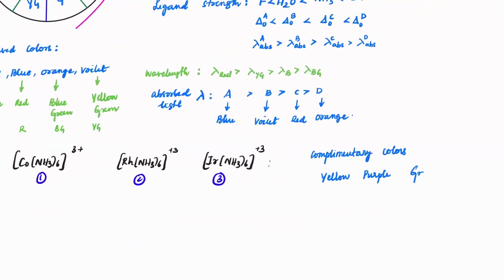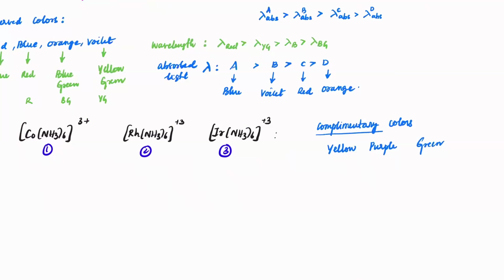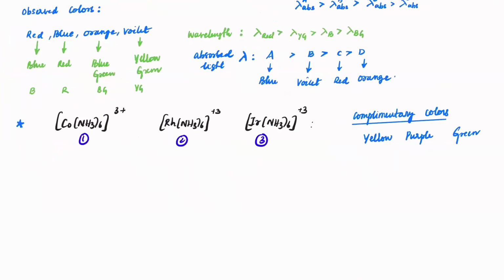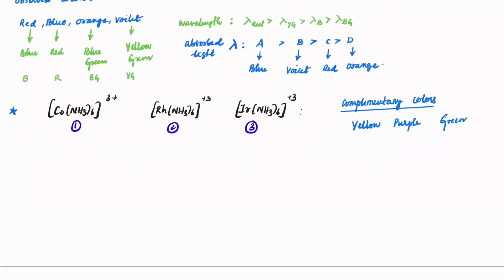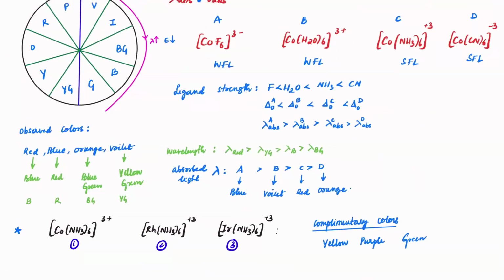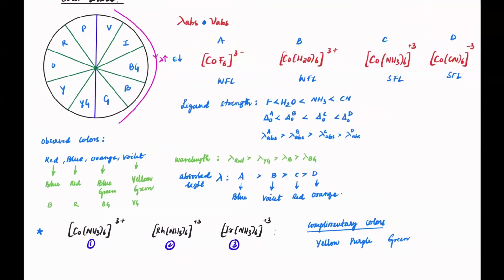These are the three colors which have been observed. Correct. So I want you to figure out, if these are the colors, what are their absorbed colors, and which of these will belong to yellow, purple or green? I'll give you a minute's time. Please try using the color wheel and do it.